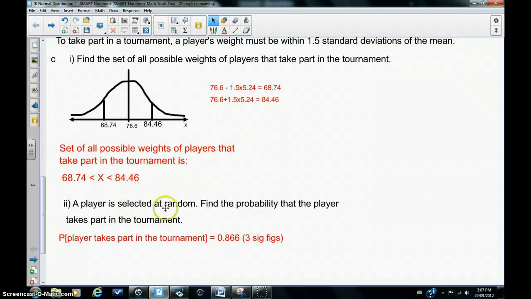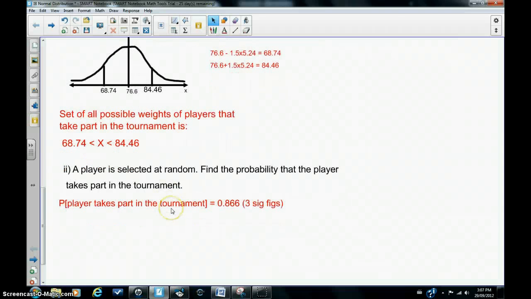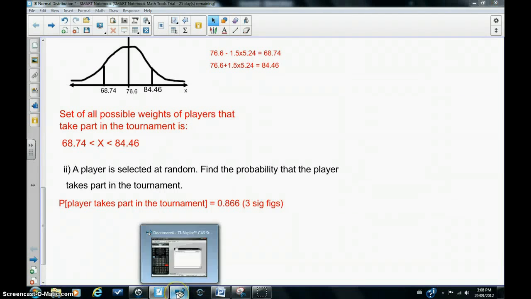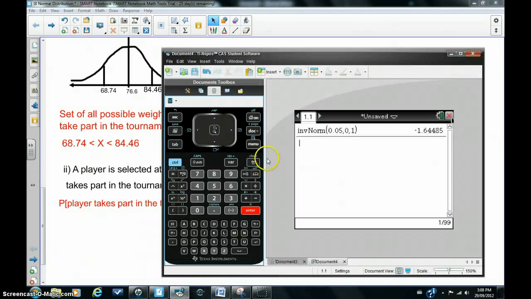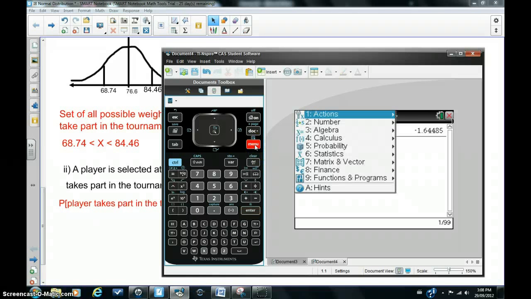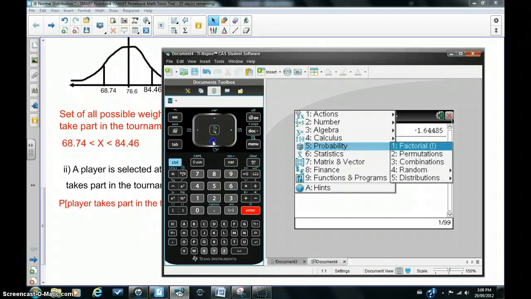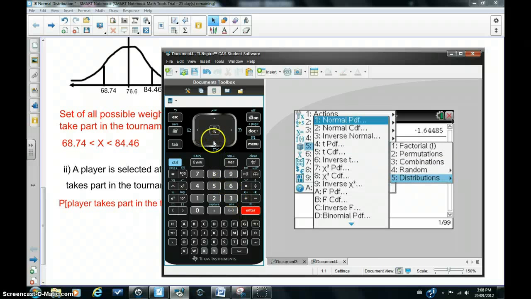Part 2. A player is selected at random. Find the probability that the player takes part in the tournament. That is, the probability that the player's weight lies between 68.74 and 84.46. Now, you'll need to use the calculator to do this, so I'm going to go into the calculator mode, hit menu again and go down to probability, hit enter, and go down to distributions again, hit enter, and go to normal CDF.